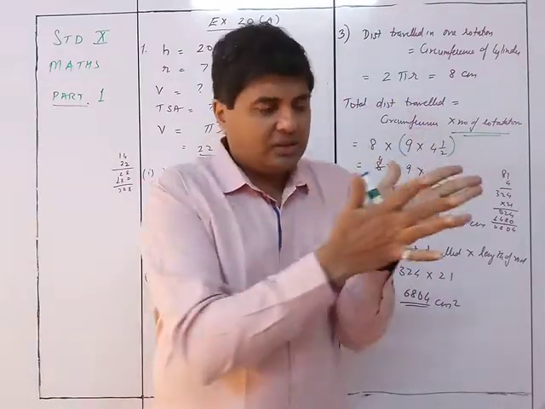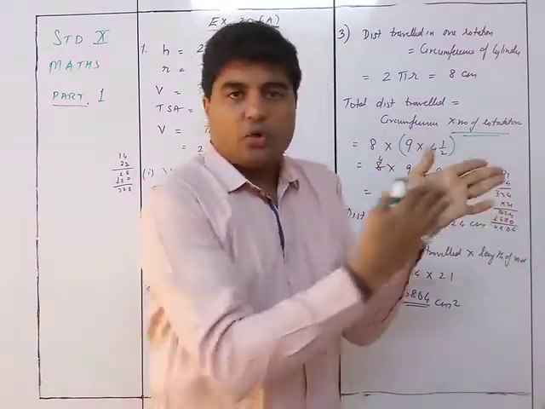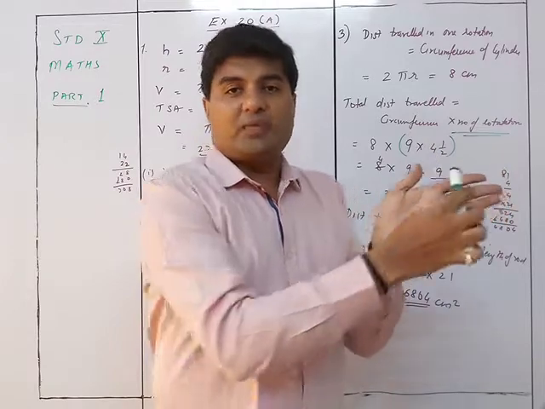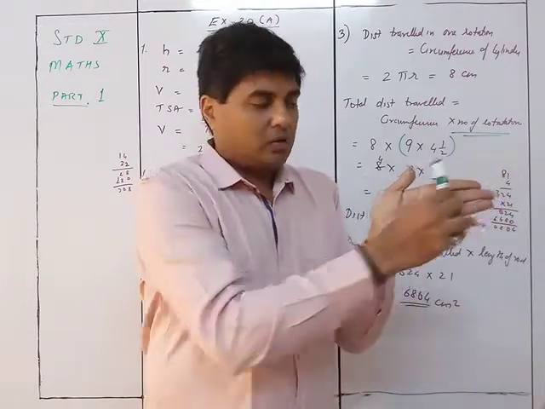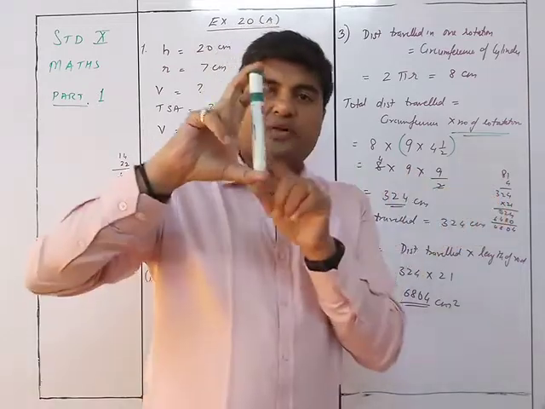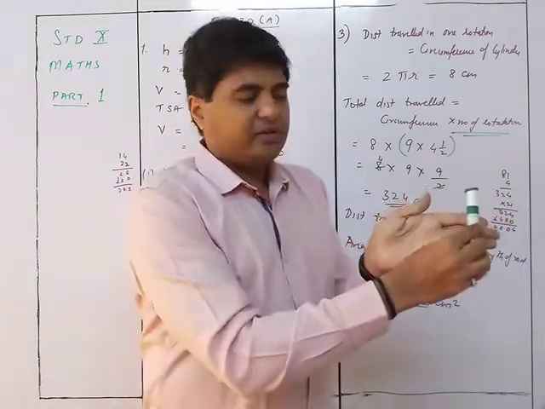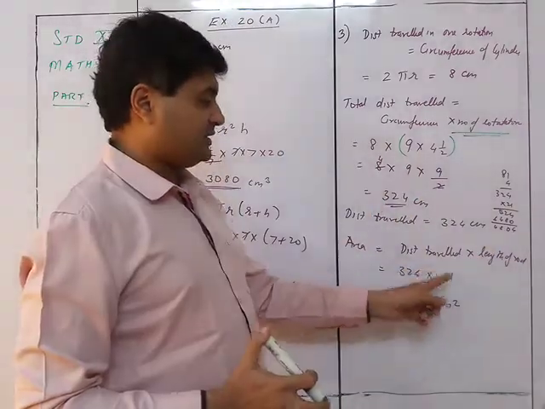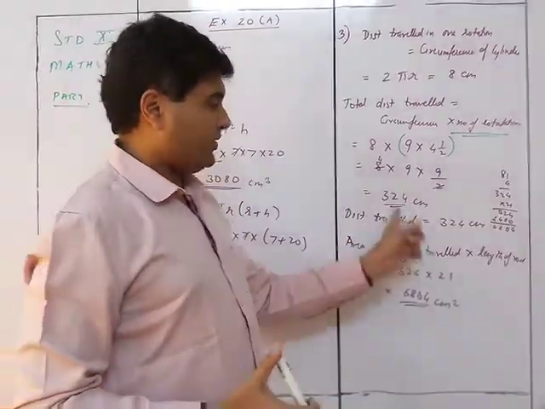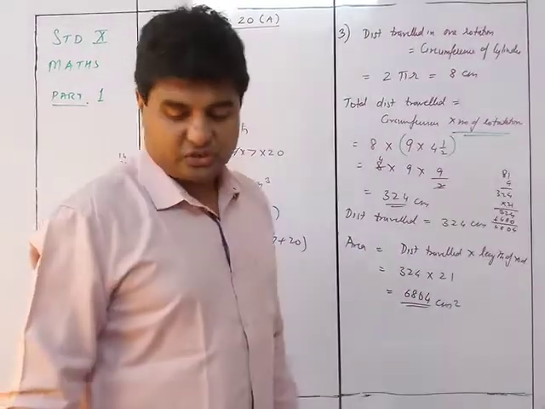It is covering the whole thing like this. Area covered: length is already known to us, and the total width will be the width of the rod. That's why the width of the rod is multiplied with the distance traveled. So it is 324 into 21, that is 6804 centimeters square.